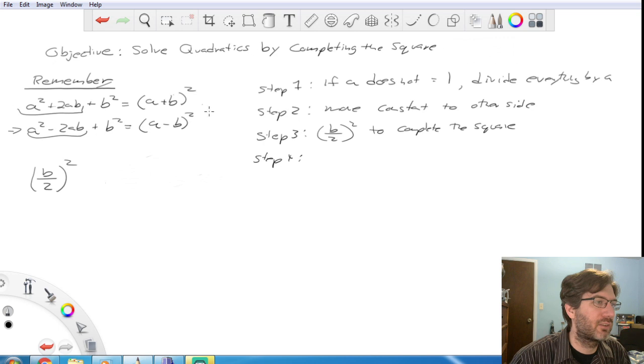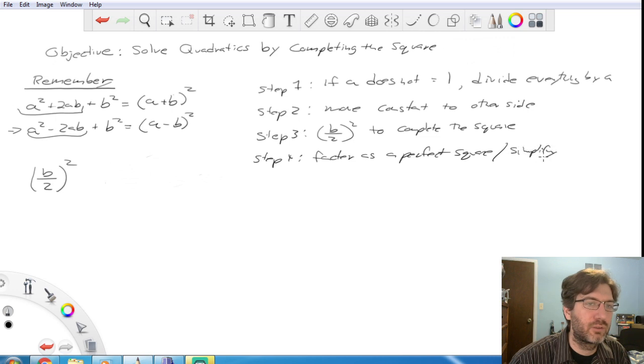So actually factor as a perfect square, because now it's a perfect square, and simplify the other side, because you probably have something to add to it. And then number 5 is just solving it like we've been doing. Solve with the algebra.